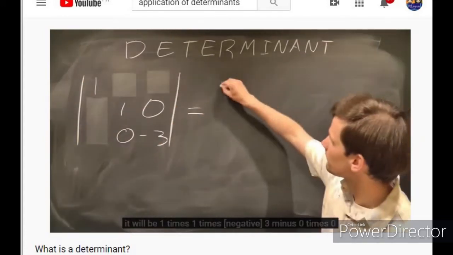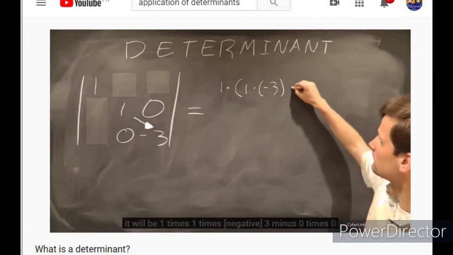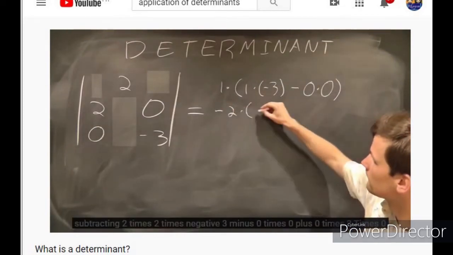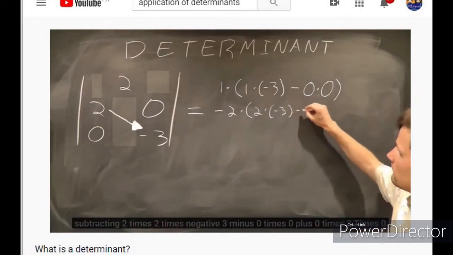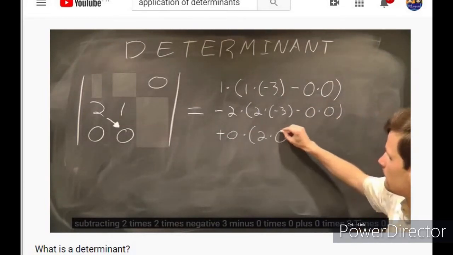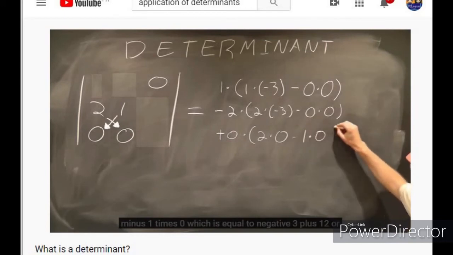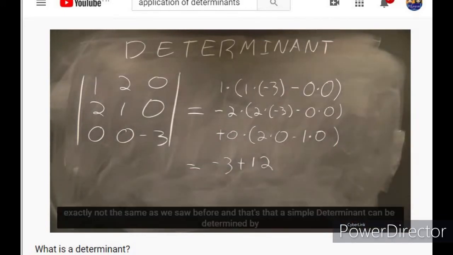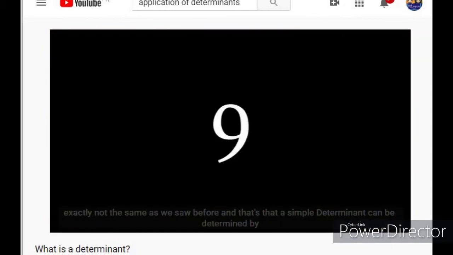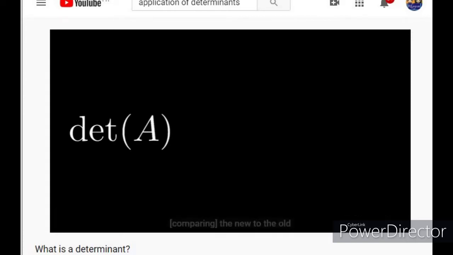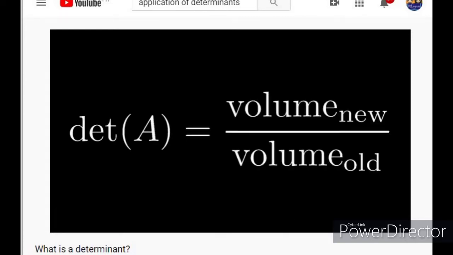It will be 1 times negative 3 minus 0 times 0, subtracting 2 times negative 3 minus 0 times 0, plus 0 times 2 times 0 minus 1 times 0, which is equal to negative 3 plus 12, or exactly 9. The same as we saw before. And that's that. A simple determinant can be determined by comparing the new to the old.